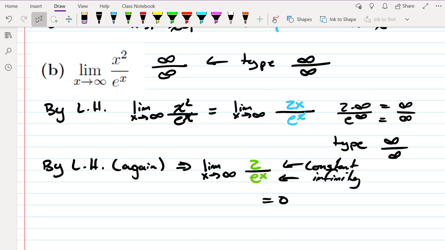But no matter how many times I differentiate e to the x, I will always get back e to the x. So in terms of using L'Hopital's rule, the exponential will always beat a polynomial, because the derivative of e to the x is always e to the x, but the degree of the polynomial will go down by 1 every single time.